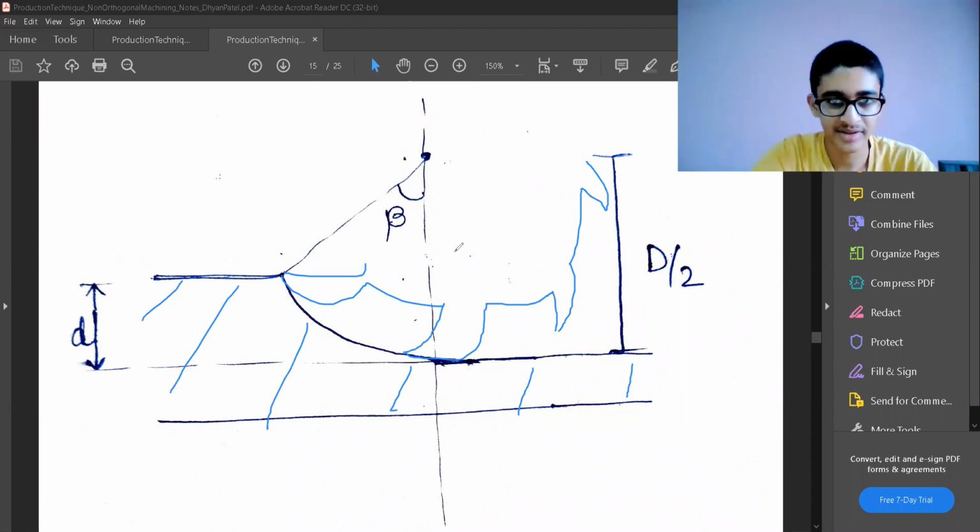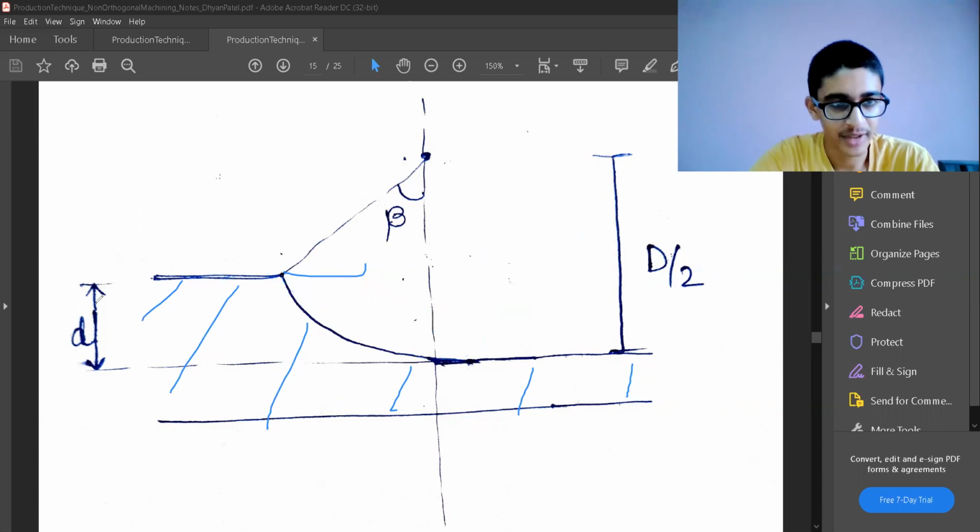If my table feed is in that direction, and the cutter is going to rotate in this direction, they are opposite in direction. That means it is up milling. In this case, the maximum material removed will be at the end of my operation. And now let's come to the analysis part.